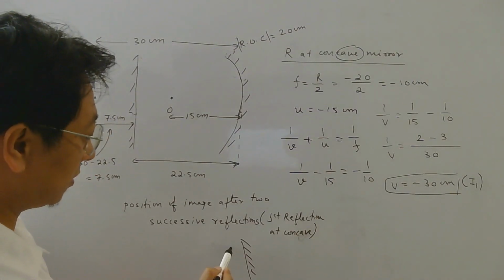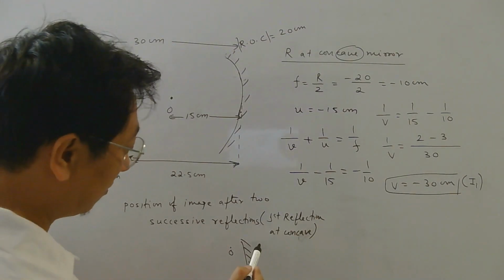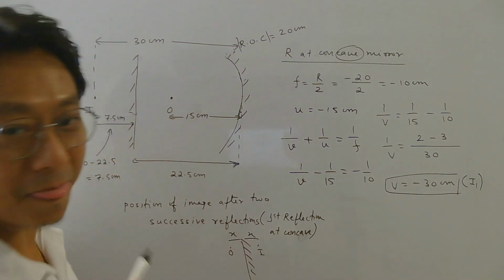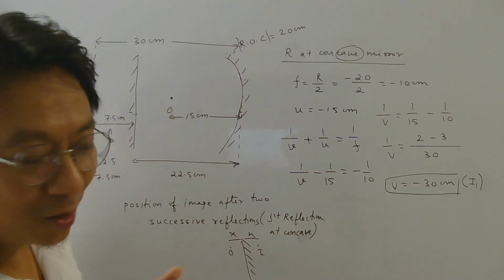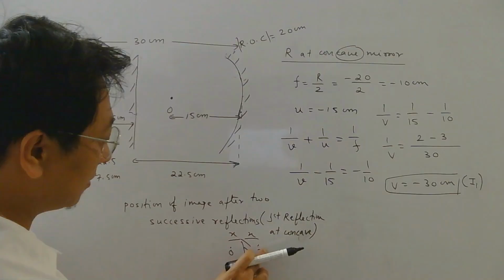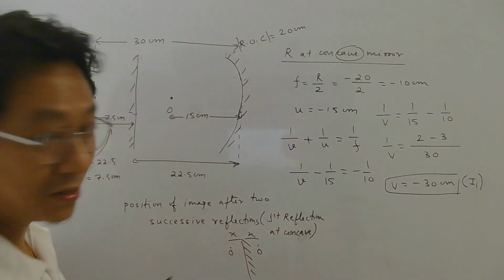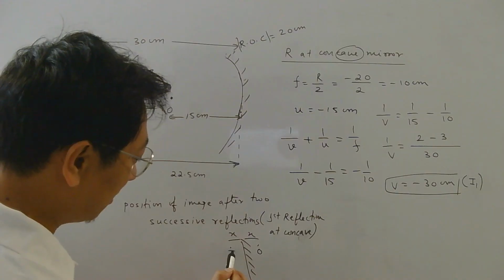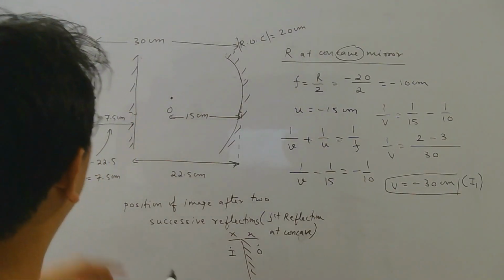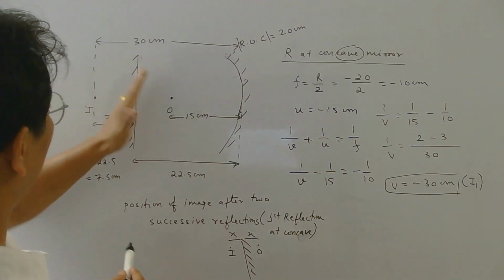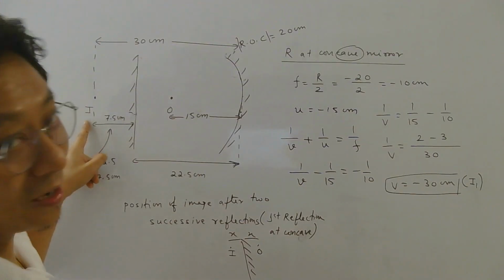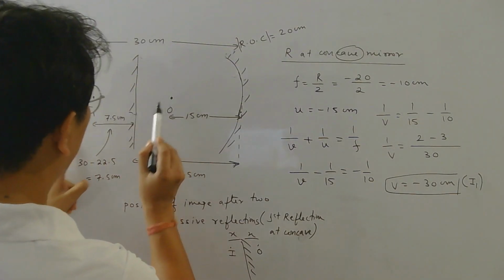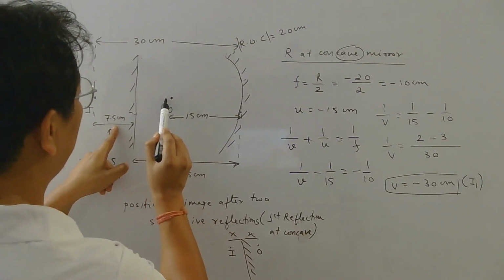If the object is in front of the mirror, the image will be the same distance behind the mirror, isn't it? And in case of a virtual object, if the object is behind the mirror at a distance x, a real image will be formed in front of the mirror. So if this is your object behind the mirror, this will act like a virtual object for this mirror. So the image will be formed in front at what distance? 7.5.